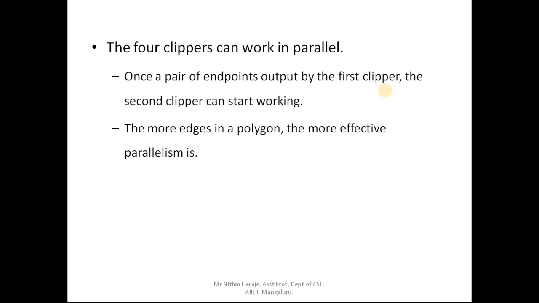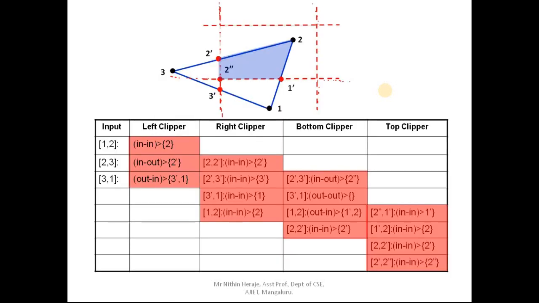That is here. If you are getting the pair of endpoints here, then the second clipper can start working. That's why it is showing here. So you'll get this end point, this end point. Simultaneously you can have this to work, and once you get these two endpoints, you can start with the next clipper.